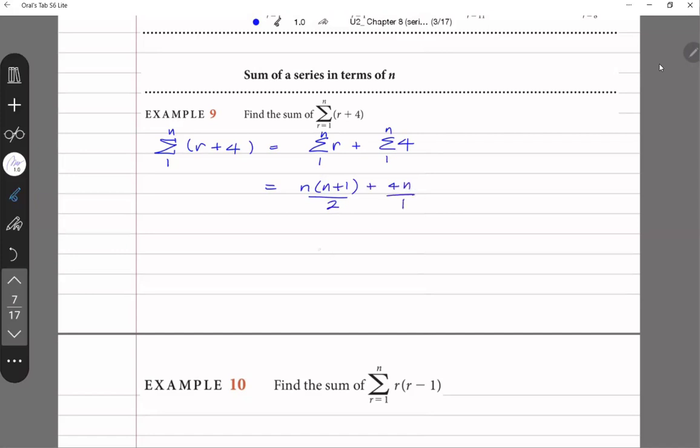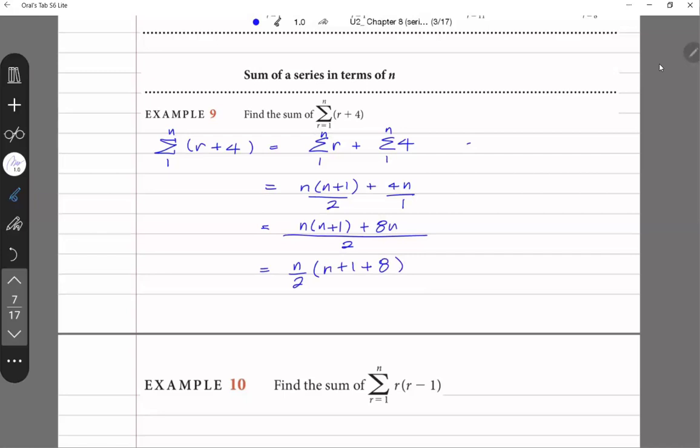Put this over 1. The LCM is 2. We get n into n plus 1 plus 8n. I guess maybe I could factor out the n. So if I do that, I'm going to get n over 2 into n plus 1 plus 8.